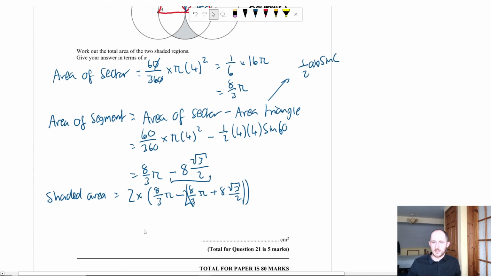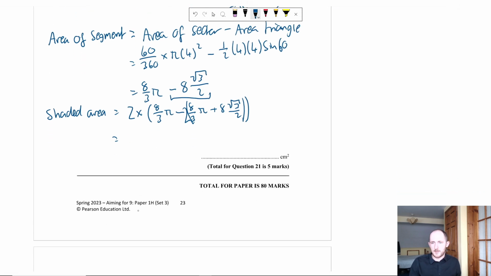And then we're doubling that afterwards. So now we can expand. We have 2 times 8 over 3 pi minus 16 over 3 pi plus 16 root 3 over 2.